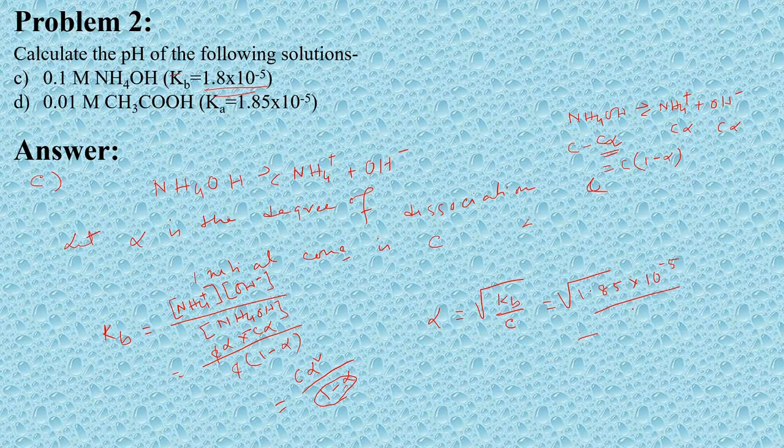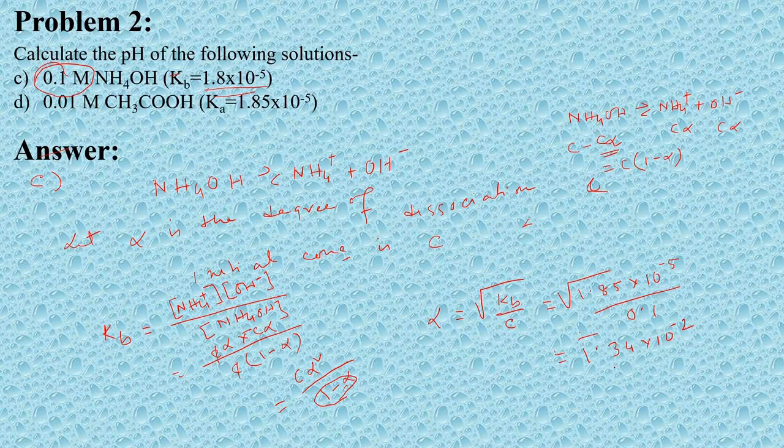The initial concentration is 0.1, which I got from here. So alpha will be 1.34 into 10 to the power minus 2.